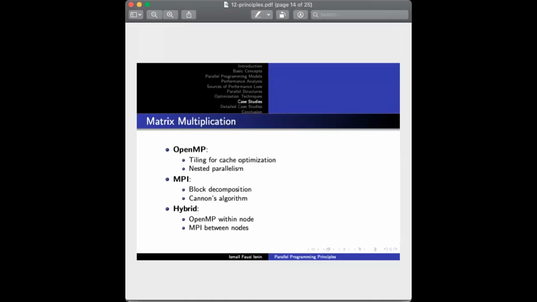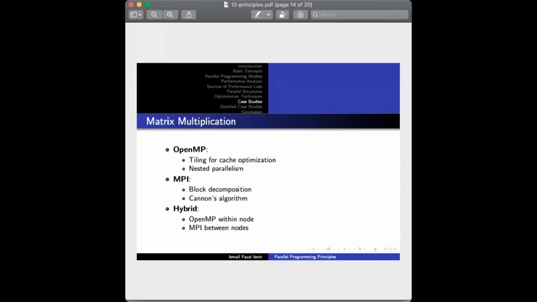Our strategy entirely depends on our targeted model. In the OpenMP implementation, we focus on loop optimization. We use structural loop tiling to feed data perfectly into logical cache lines and deploy nested parallelism to fully saturate multi-core CPUs.